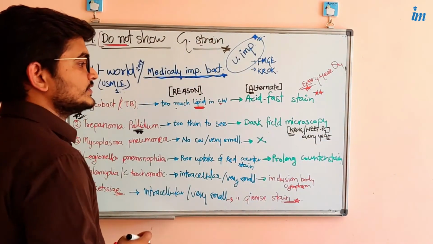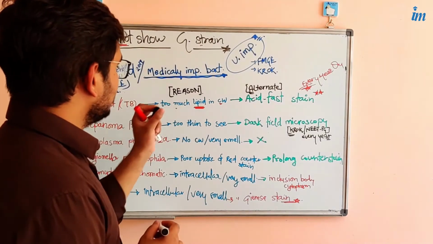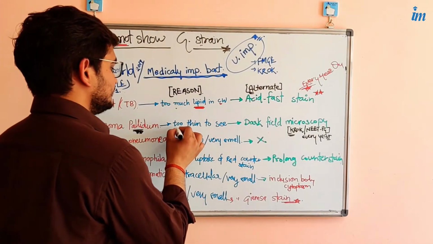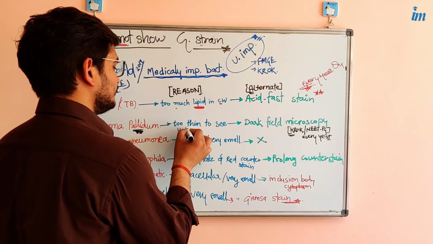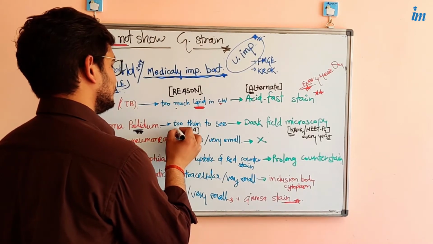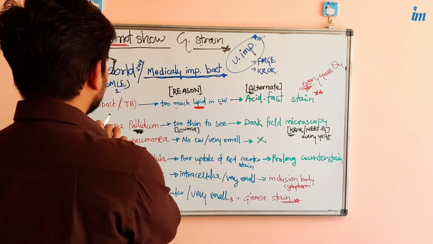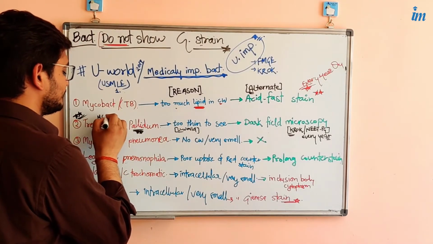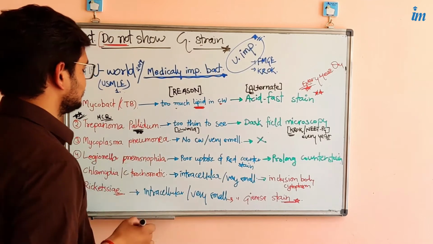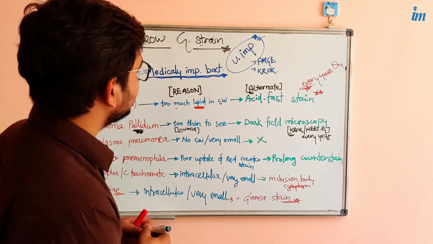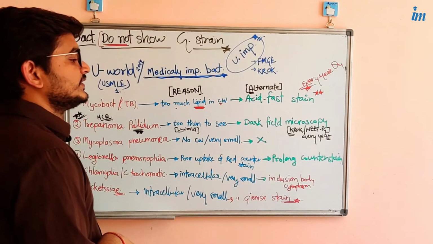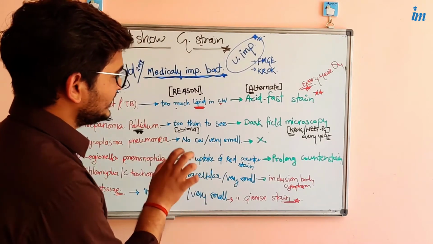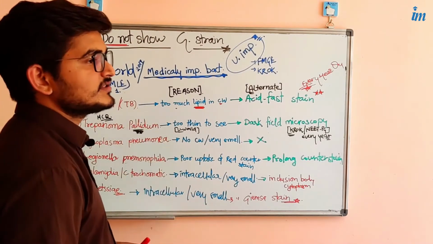They are asking this question. The reason has been asked in UWorld, and this name has been asked in MCQs of the exams. So the reason for Treponema pallidum is that it is too thin to see with the gram staining procedure.